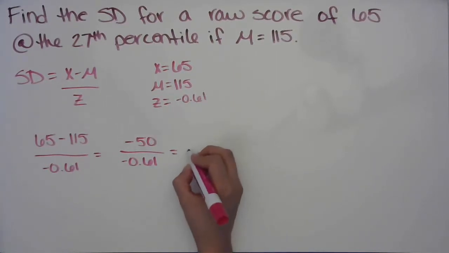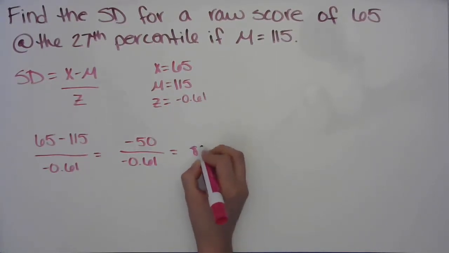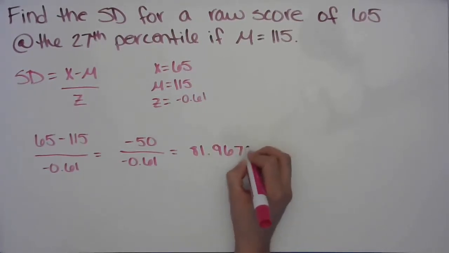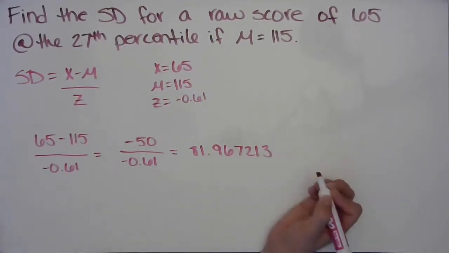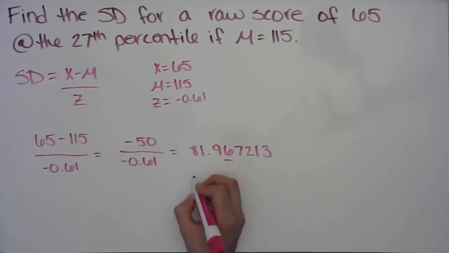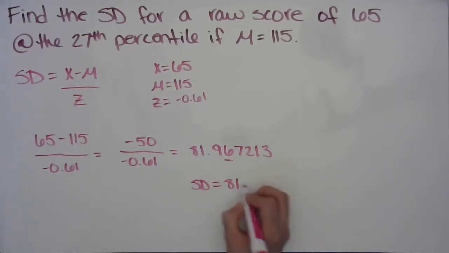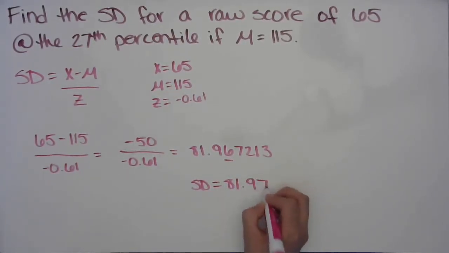That is going to give us 81.96713. Now we need to round this number. So our final answer will be the standard deviation is 81.97.